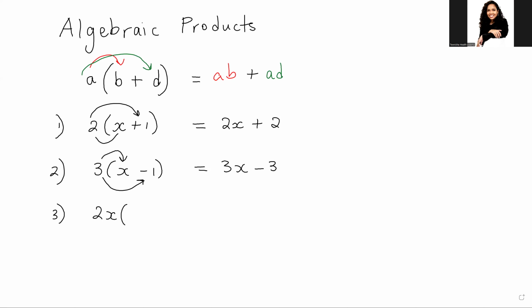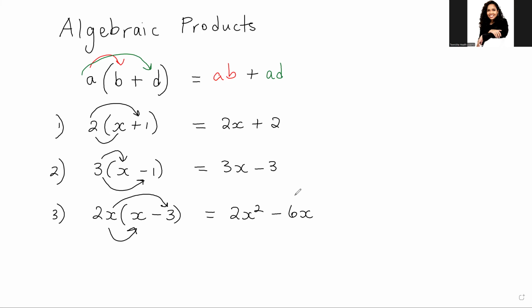Sorry, I didn't even write out the whole question and already I'm working it out for some weird reason. It's the same rule. I'll say 2x times x, which is 2x squared, and then 2x times minus 3, which is minus 6x. So the distributive law is used to expand brackets or to remove brackets.